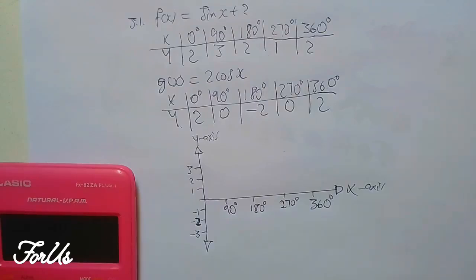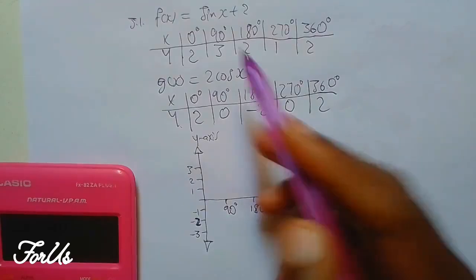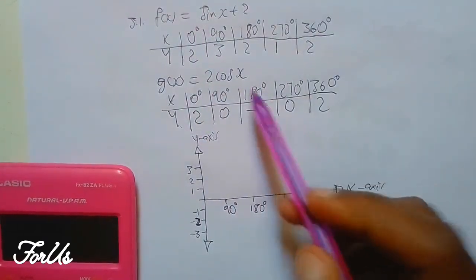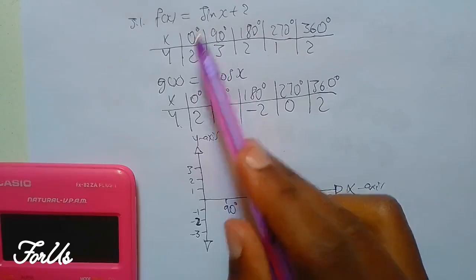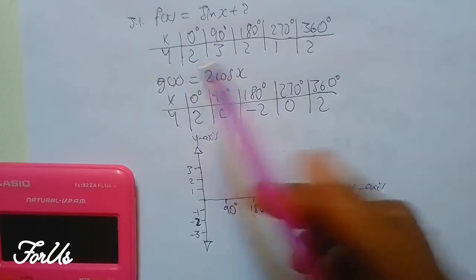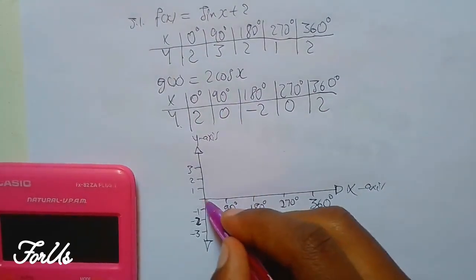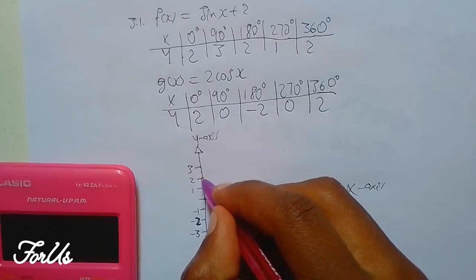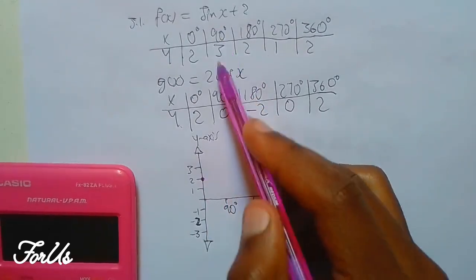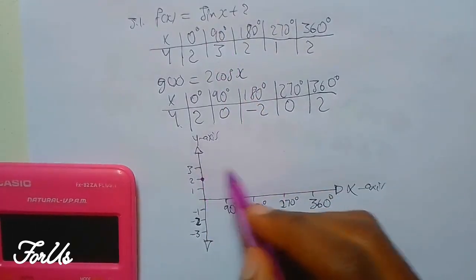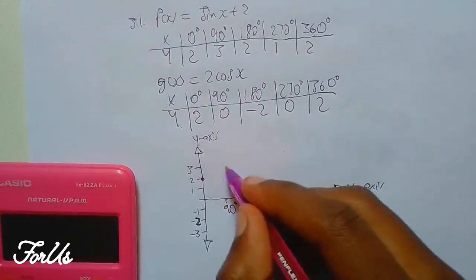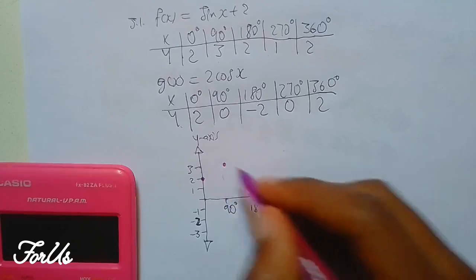Now we can first draw the graph of f of x. We can see now here, when it's 0 degrees, the y value is 2. 0 is here, the starting line, and 2 is here. Then we have a point here. Then we have 90 and 3. There's 90. 3 is here, somewhere there. It's just a sketch.